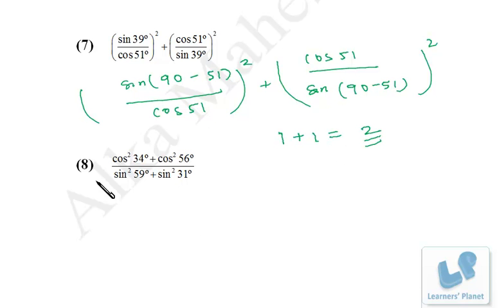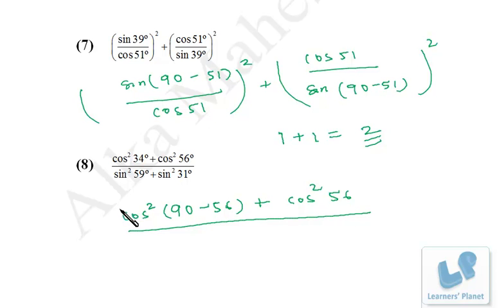Very simple. Now here, this cos² 34. Cos² 34 can be written as cos²(90 - 56) plus cos² 56. Similarly, 59 can be written as 90 minus 31, plus sin² 31, right?